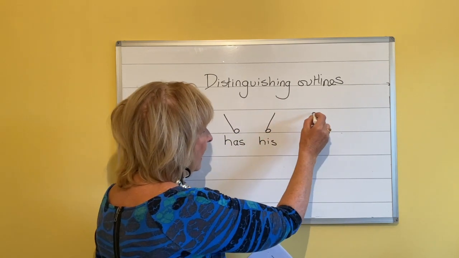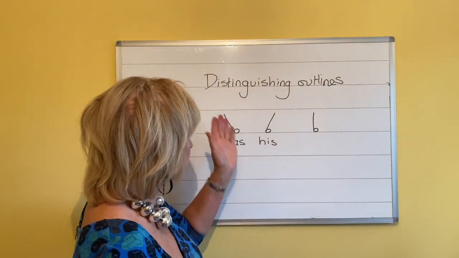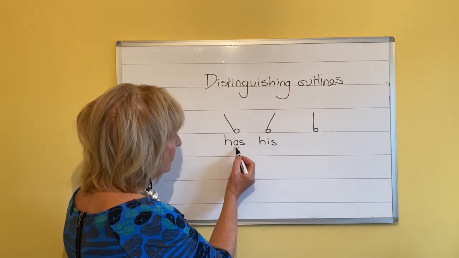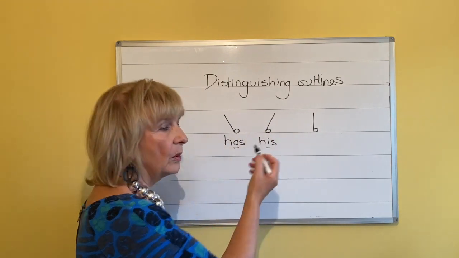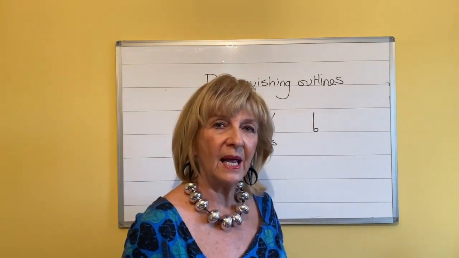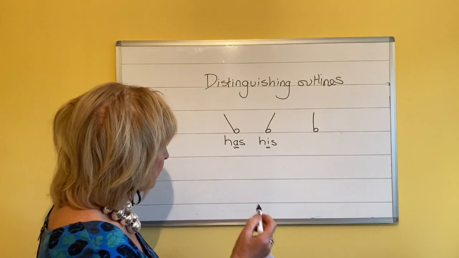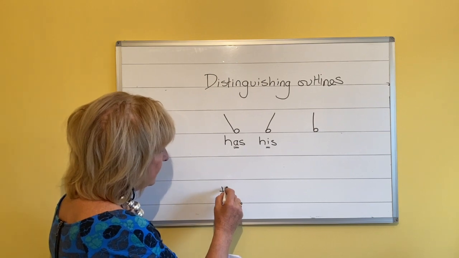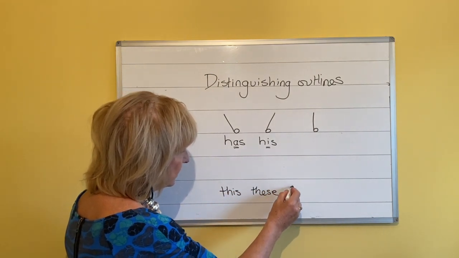because both outlines could easily be written the same, H and S. So by sloping the H the way the A goes and sloping the H the way the I goes, the I indicator goes, we've got distinguishing outlines between has and his. Also, we can do the same with the common words this, these and those.